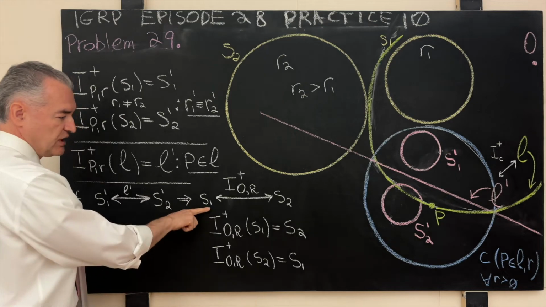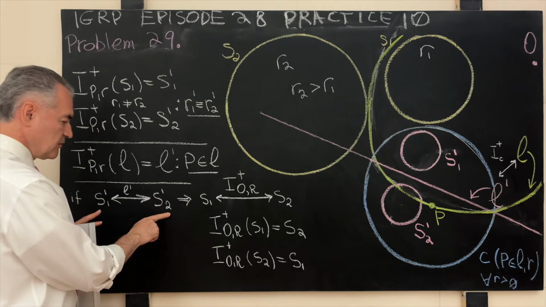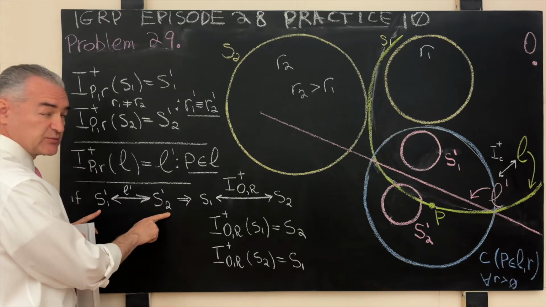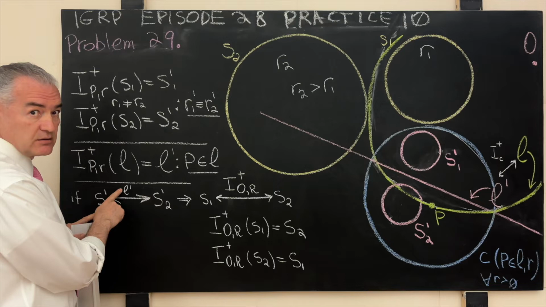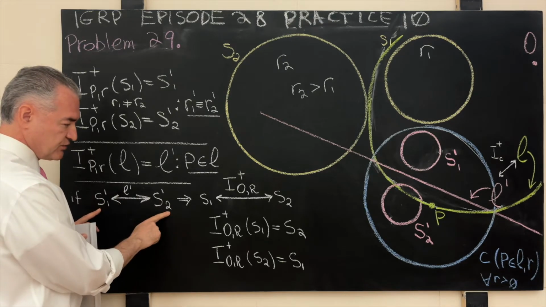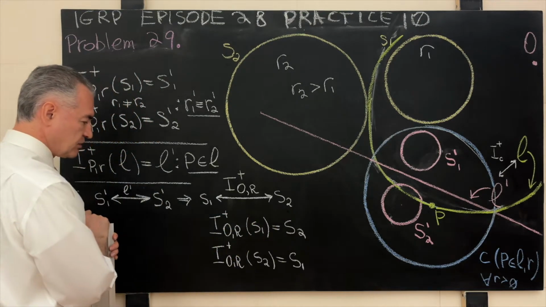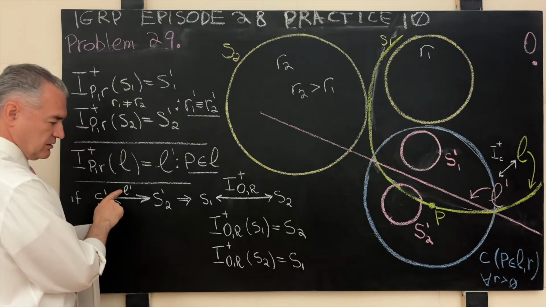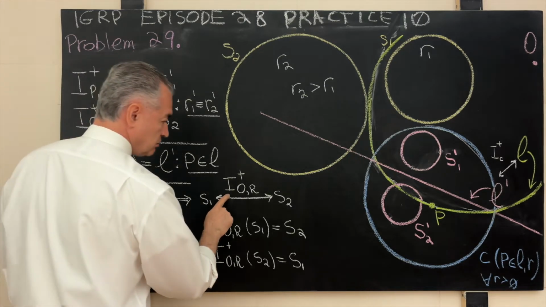In other words, in our implication, we claim that if the image circles S prime 1 and S prime 2 are symmetrical with respect to each other in the image straight line L prime, then the pre-images of the circles, the circles S1 and S2, must be symmetrical in the pre-image of the straight line L prime, or the circle L.